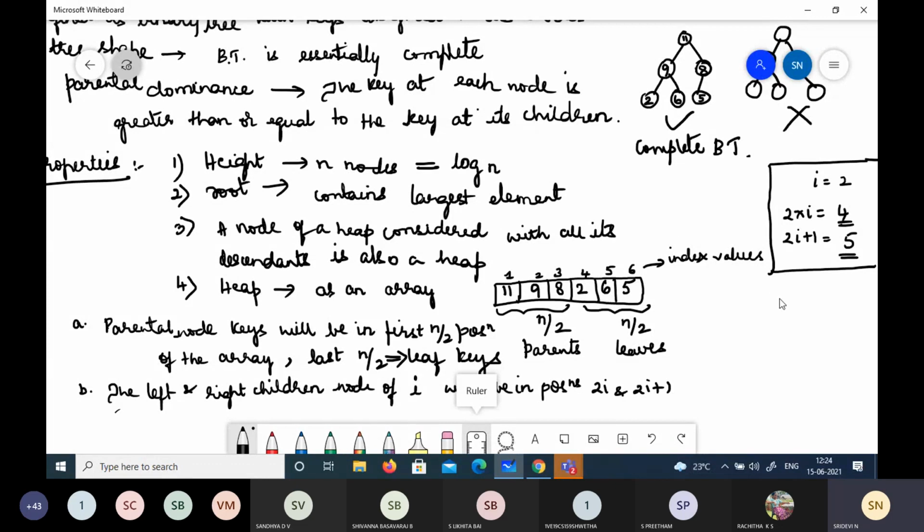I give i as 4 and ask you to find the position of the parent. This is a child node position, find the parent. So you should say i by 2. What is i by 2? 4 by 2, which is 2. Is it right? Yes. If you have an odd number, then it means that it is a right child. That's all.